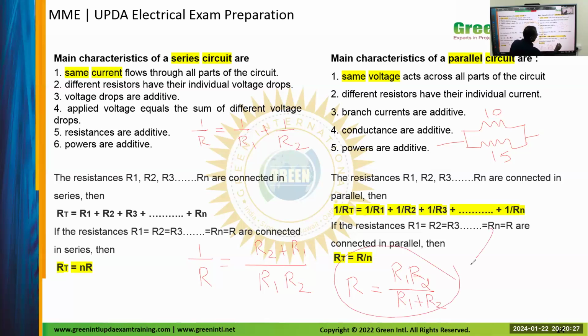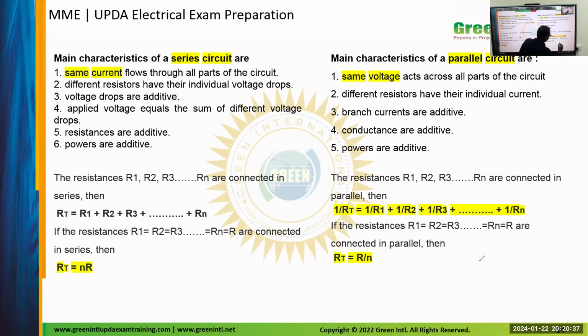In addition to this formula, we need to remember this formula also. In our exam they don't ask this entire derivation, so simply, for two resistances, R is equal to R1 R2 divided by R1 plus R2.